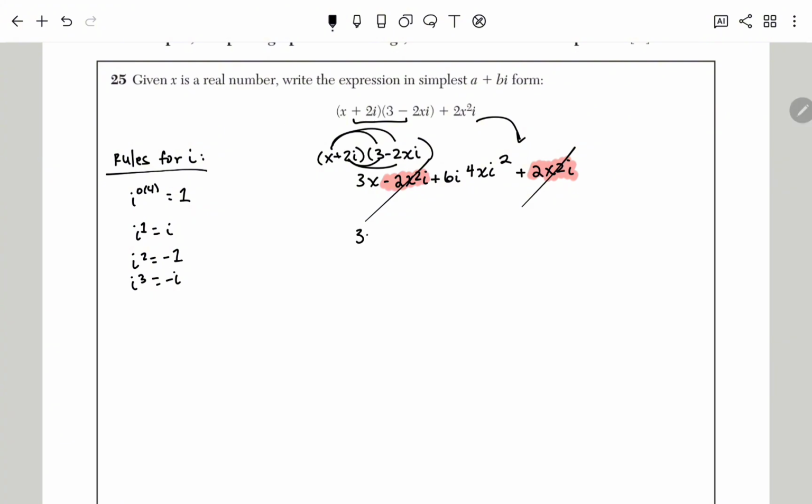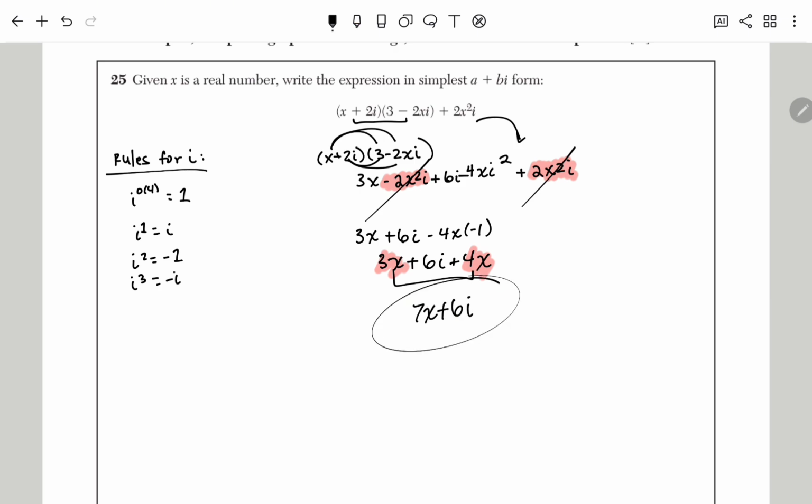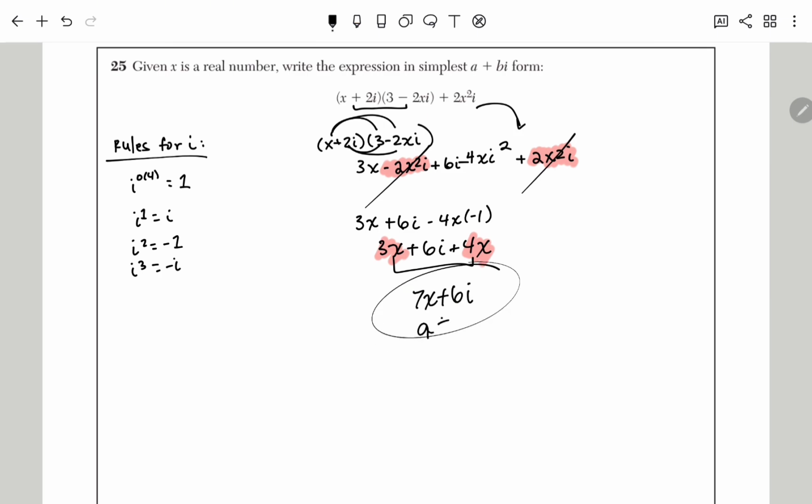When I rewrite this, I have 3x plus 6i minus 4x times -1, so 3x plus 6i plus 4x. Combining like terms again, 3x and 4x give 7x plus 6i, and that is my final answer in a plus bi form.